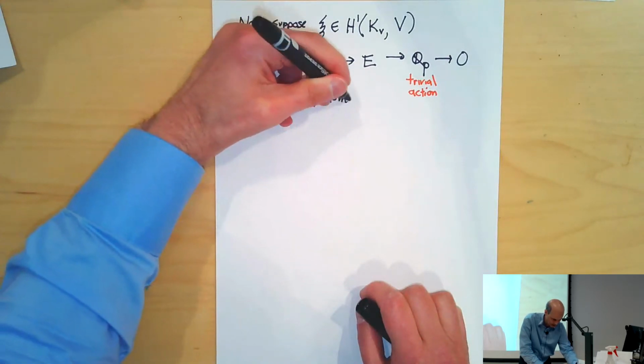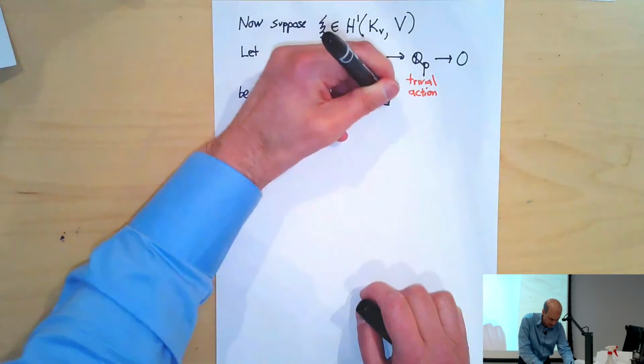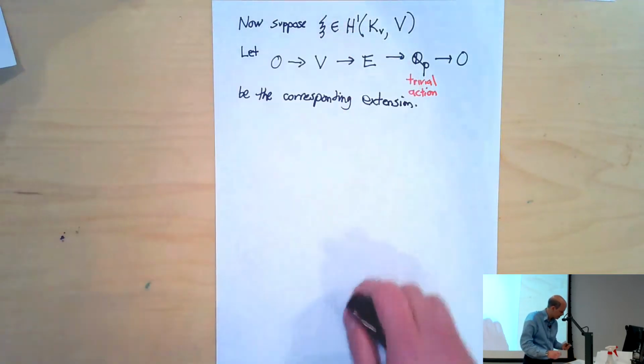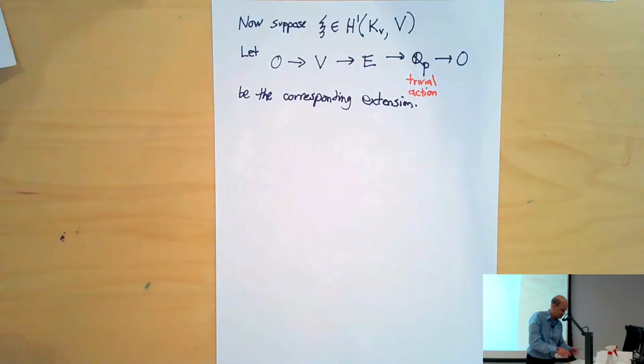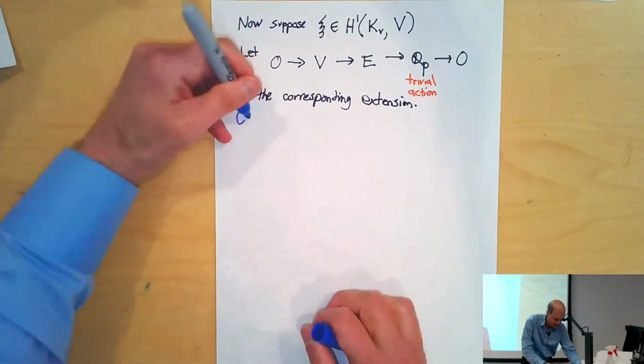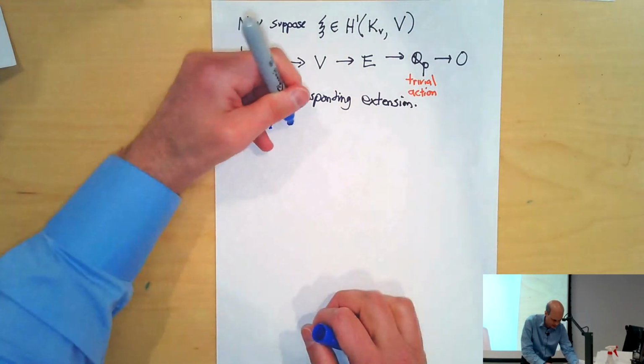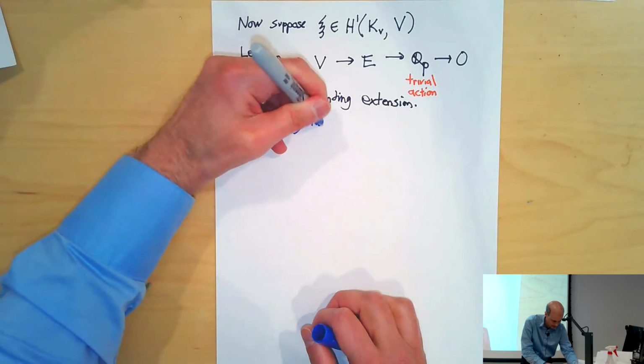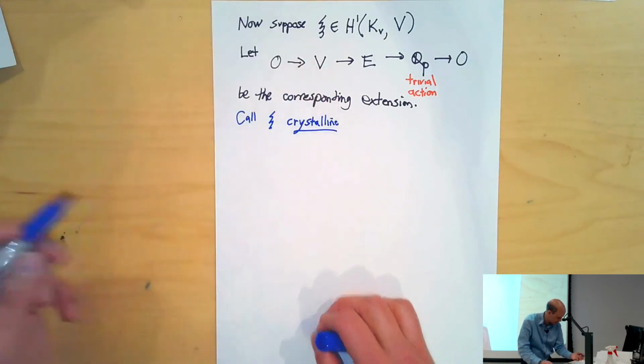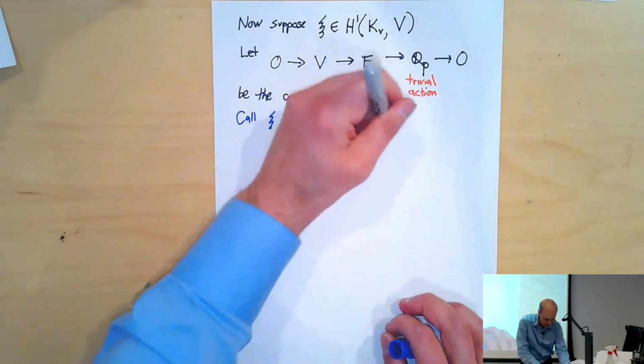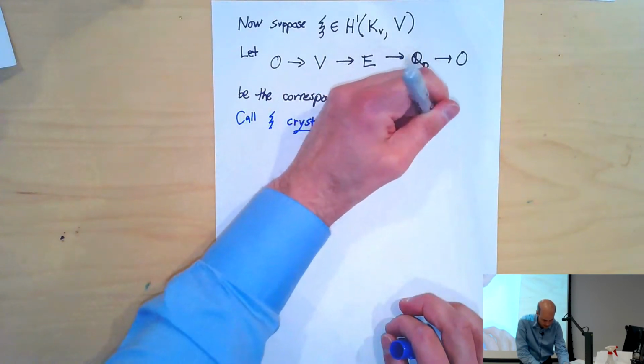And so now I can talk about what it means for c to be crystalline. I'll call c crystalline if E is crystalline, because E is just a local Galois representation.